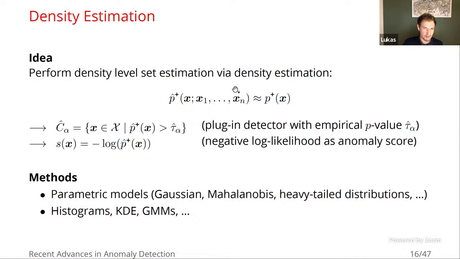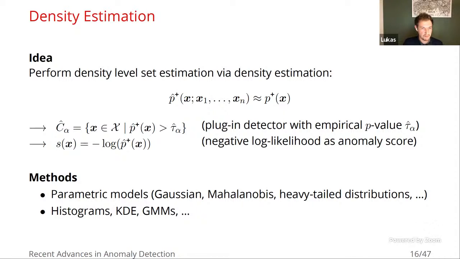So from the data that we have, we estimate some density model, and then we could just plug this into the density level set and compute an empirical p-value and then have a threshold detector. Or on the other hand, from the negative log likelihood, use this as an anomaly score. And this is one of the main approaches that people take to do anomaly detection.